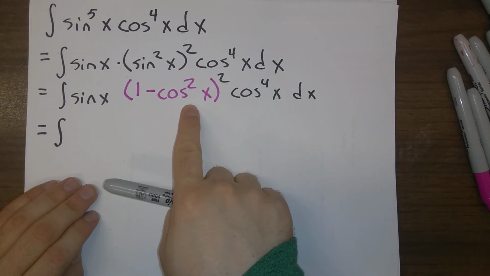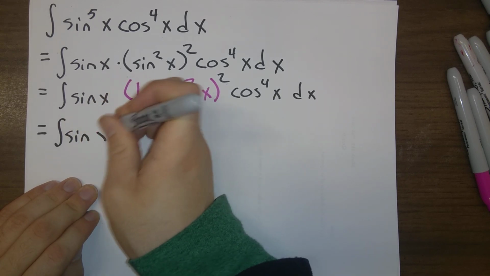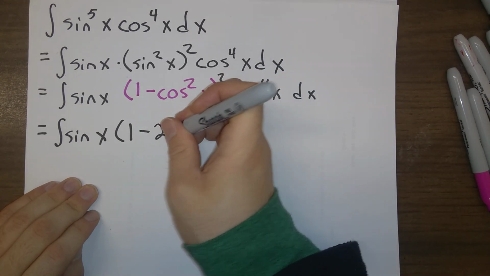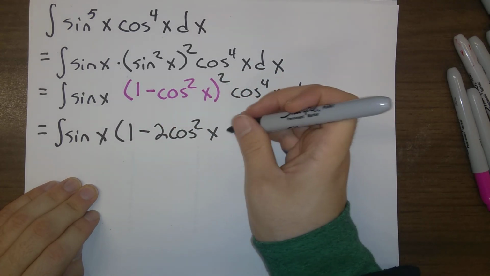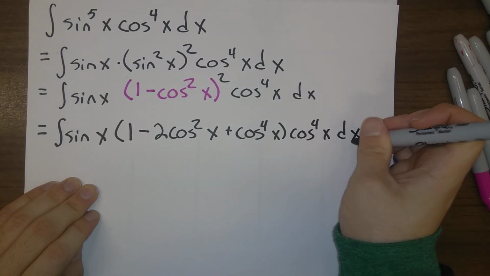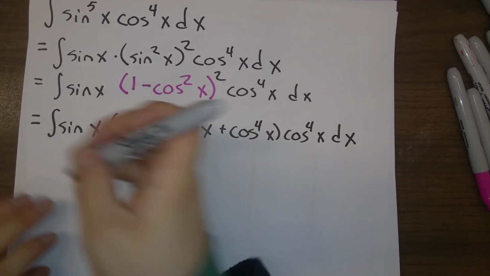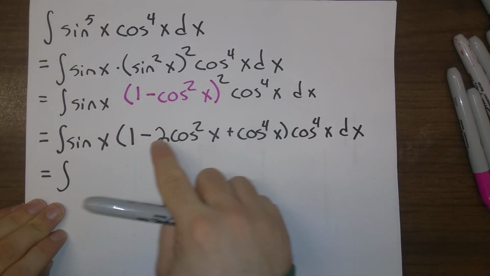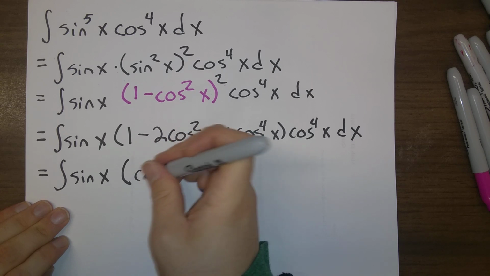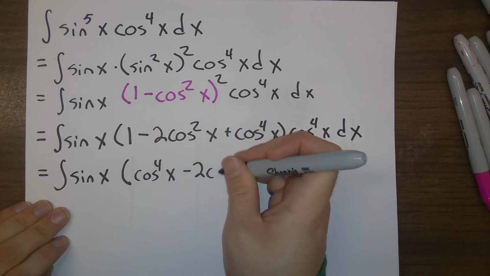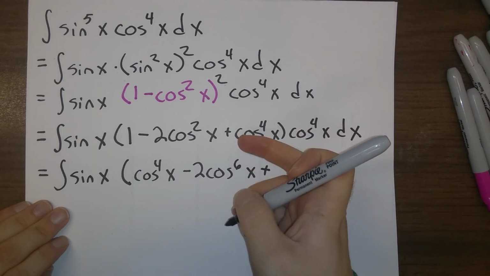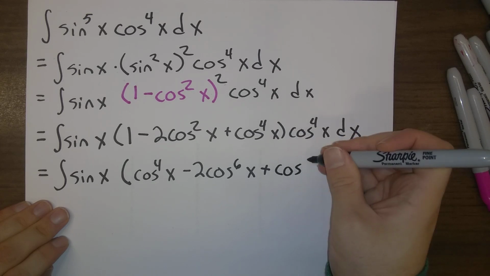We expand this out as 1 minus 2 cosine squared x plus cosine to the 4th x, times cosine to the 4th x dx. Multiplying through by that cosine to the 4th of x, we get sine x times cosine to the 4th x, minus 2 cosine squared times cosine to the 4th, which is cosine to the 6th x, plus cosine to the 4th times cosine to the 4th, which is cosine to the 8th x.